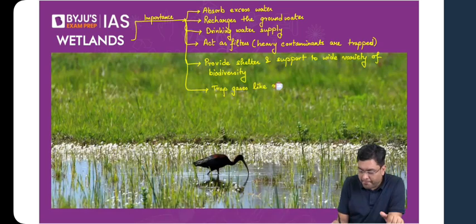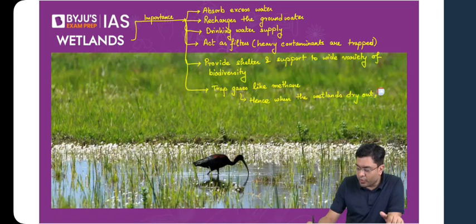Hence, when the wetlands dry out, large quantities of greenhouse gases are released in the process.